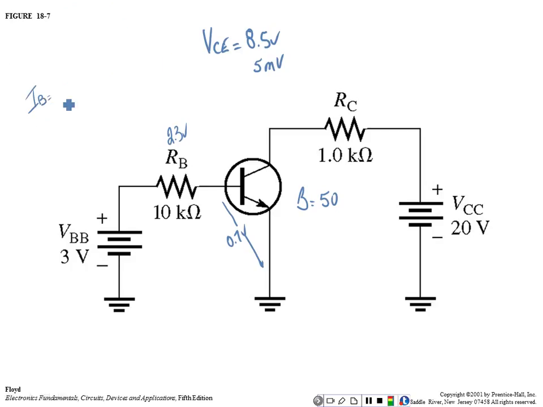IB would be equal to 2.3 divided by 10K. We already got that, so that would be 230 microamps. We haven't changed that side because the base side has nothing to do with beta, right? You understand? So you okay so far?